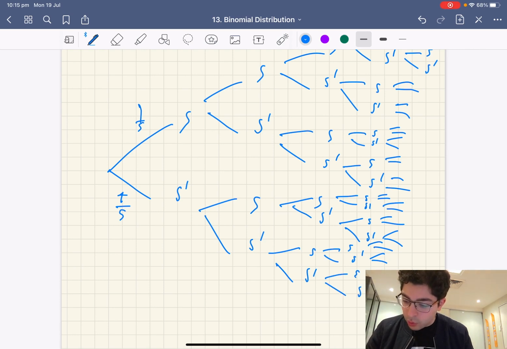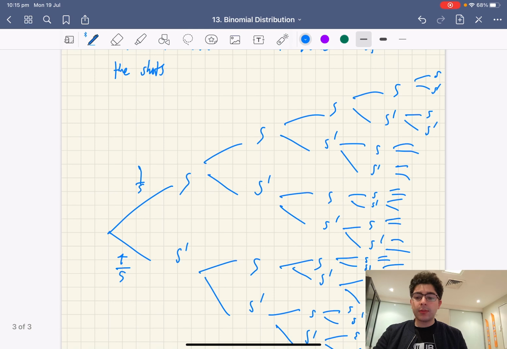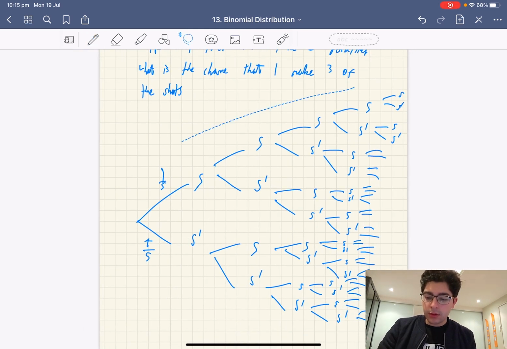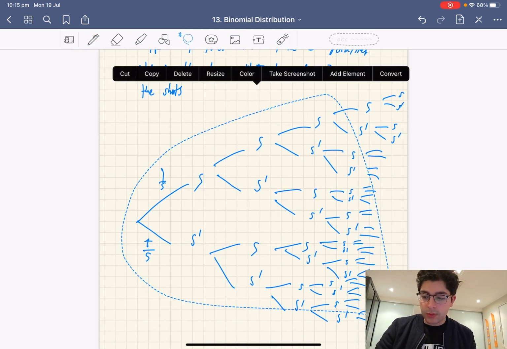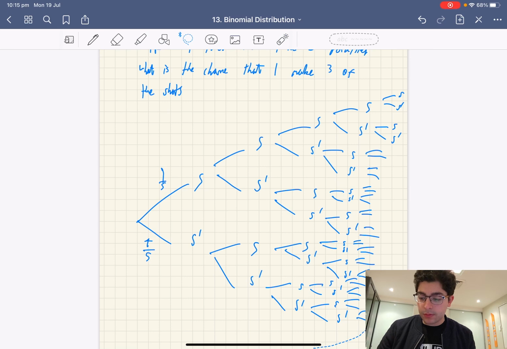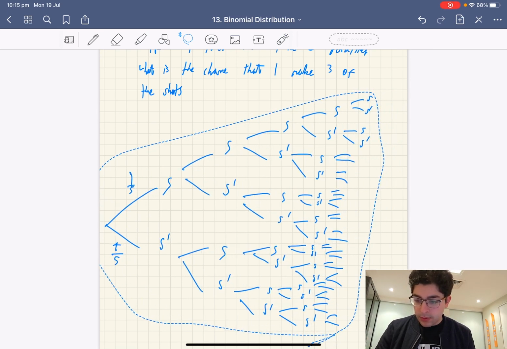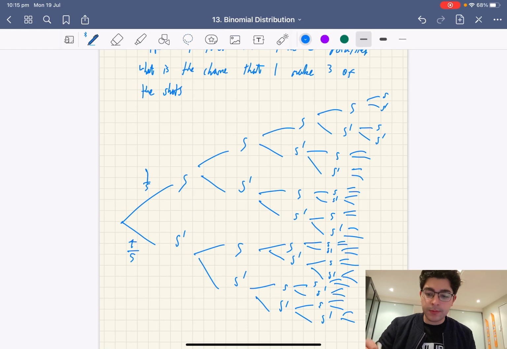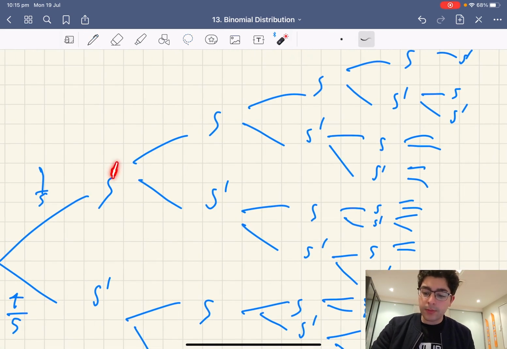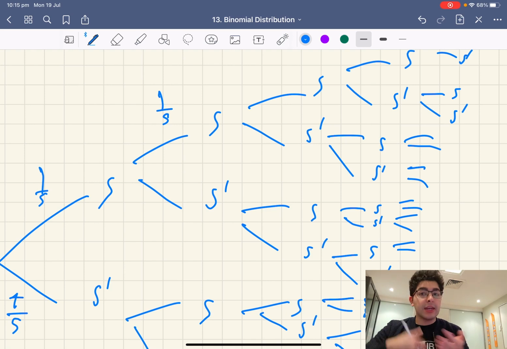As you can see, quite a lot is going on. And if we think about it, for each individual attempt, the chance of us scoring here in our second attempt is still 1/5 because it's an independent attempt.